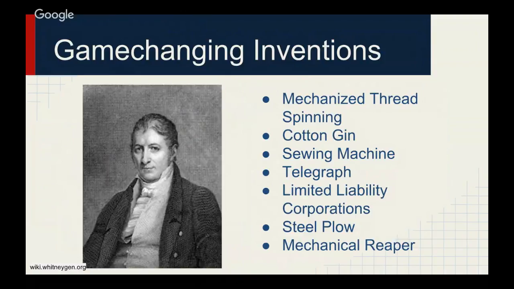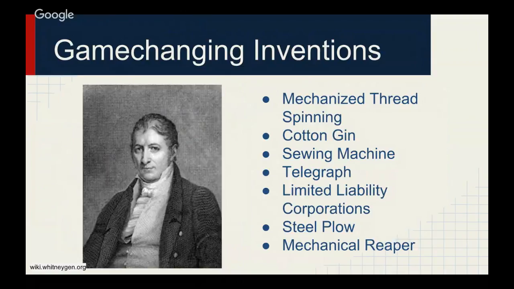The mechanized thread spinner, which of course took cotton and made it into thread for textiles, was groundbreaking. This was brought over by an English immigrant who was seeking a way to make a life in the New World.